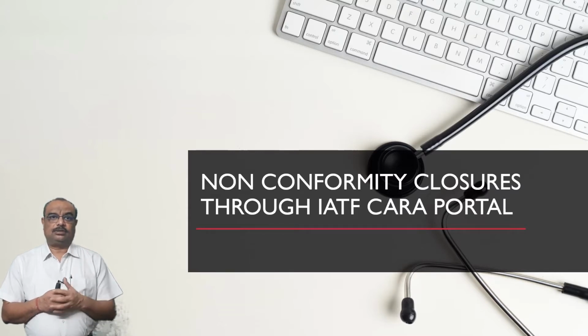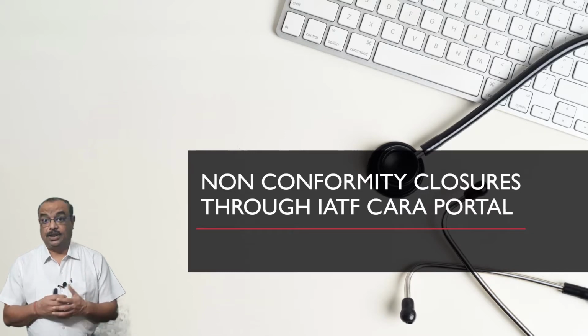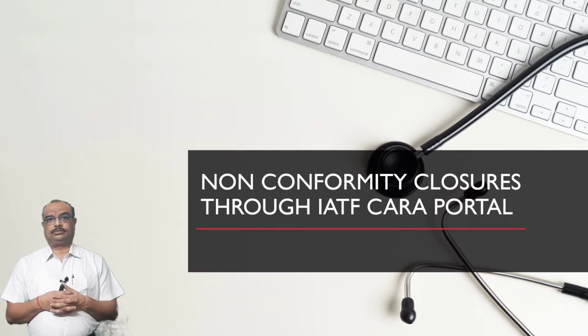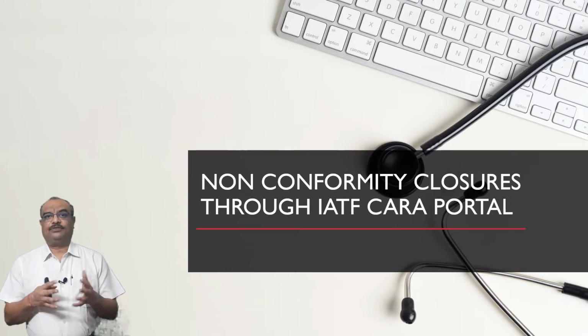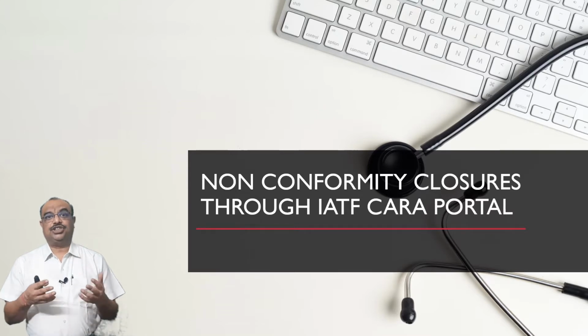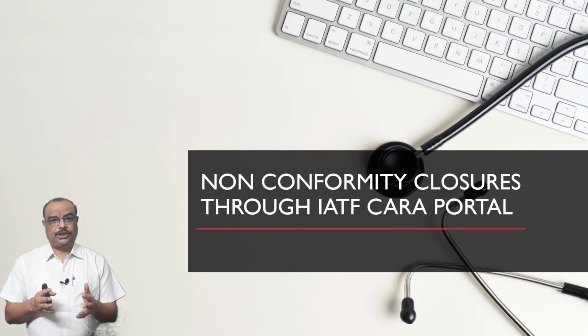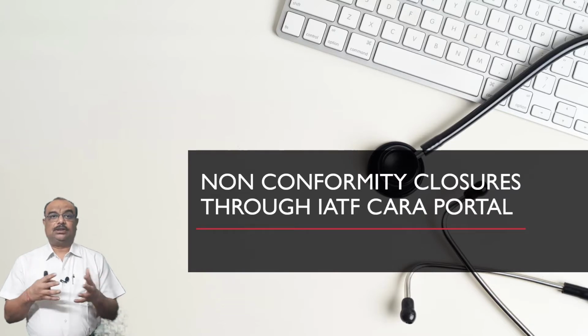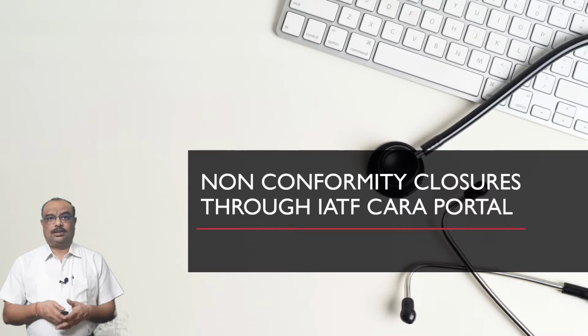The first format is JSON format and the second format is XML format. So here we are talking about the JSON format. This video will help those people who are working with the JSON format. Okay, so let's start this video.